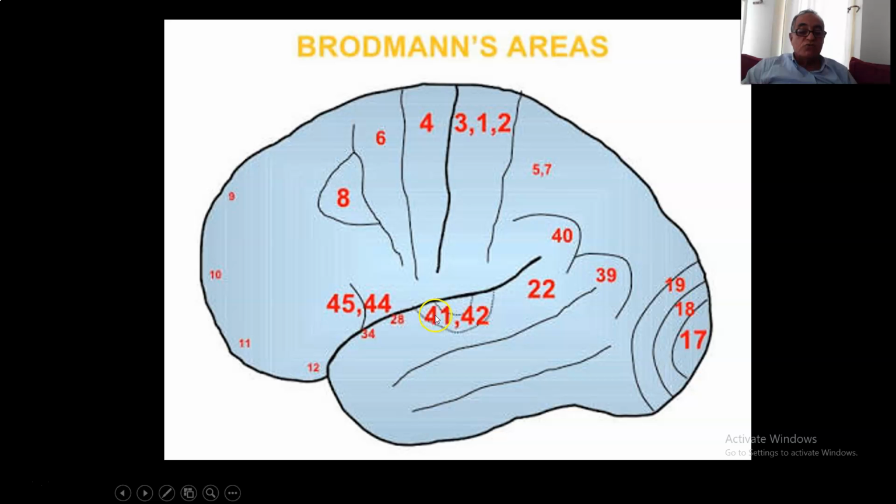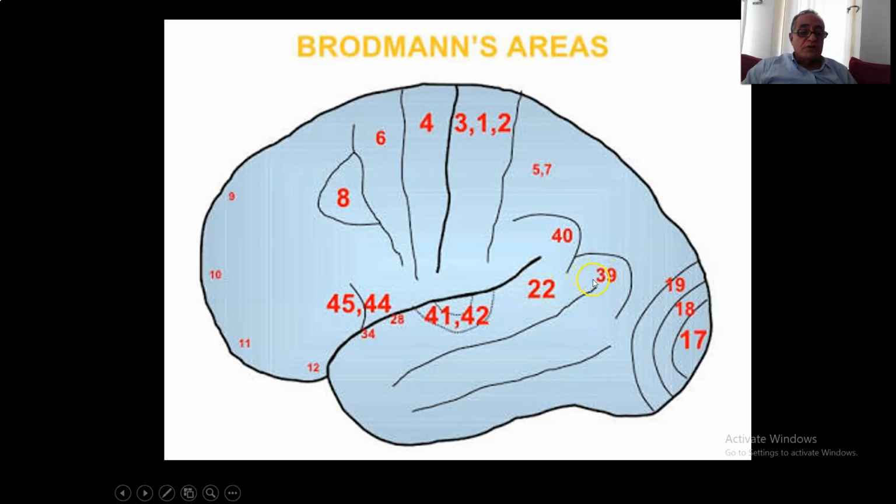One of them is concerned with hearing, what we call Heschl's gyrus, area 41-42, and it is surrounded by an auditory association area. What is the association area? It is the area which makes you understand the meaning of what you hear. The auditory association area is area 22.